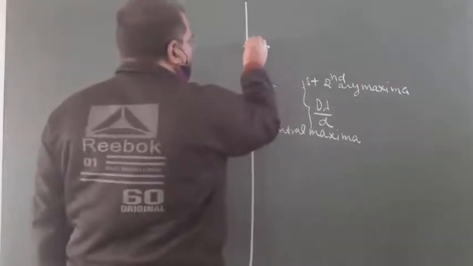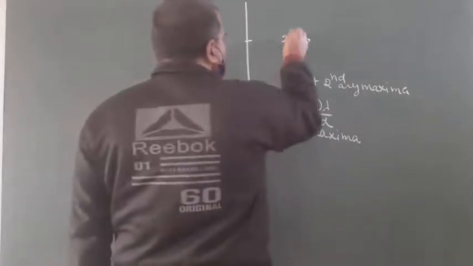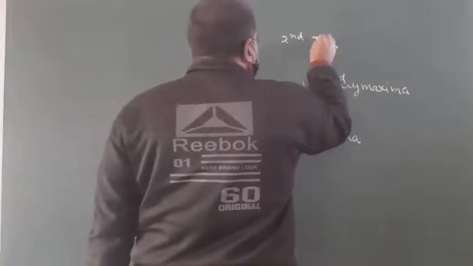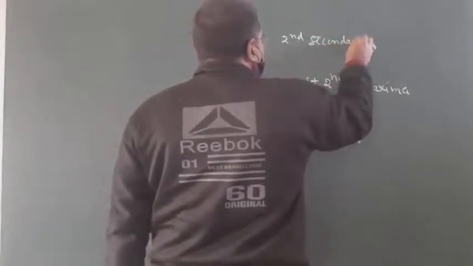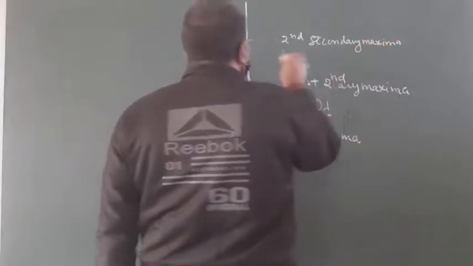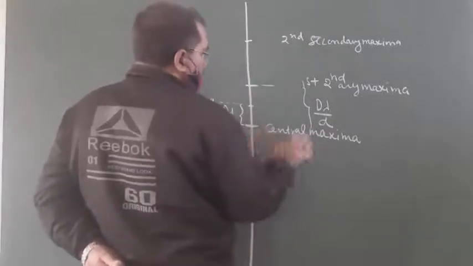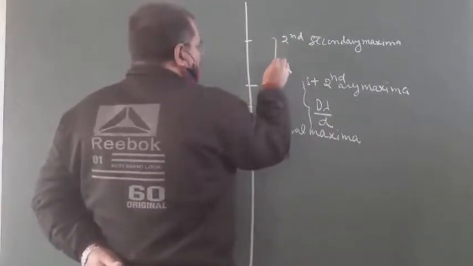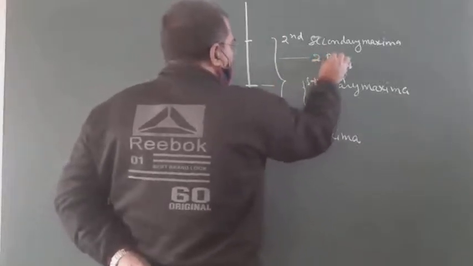Similarly, at this position, secondary maximum is at a distance 2d lambda by d from central maximum. So this is also 2d lambda by d.